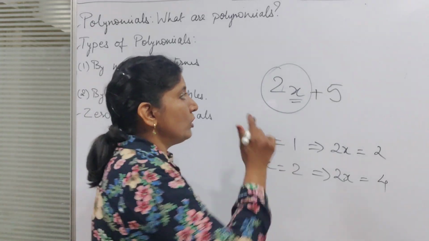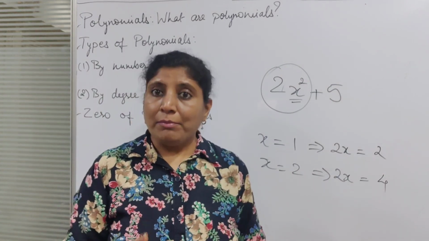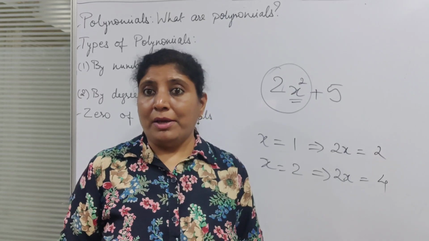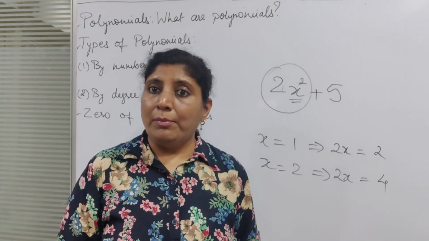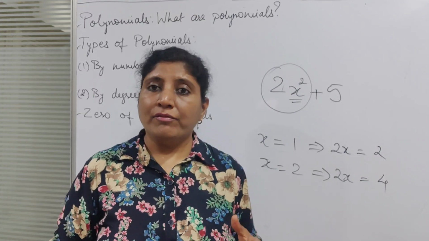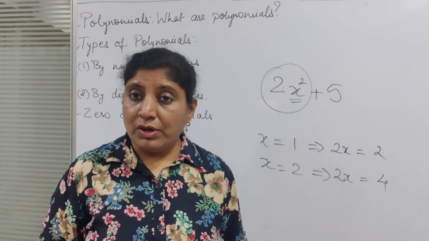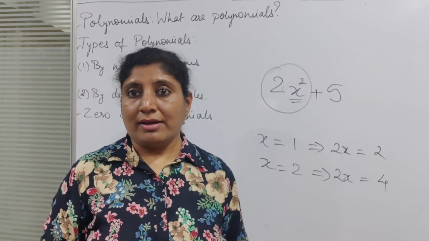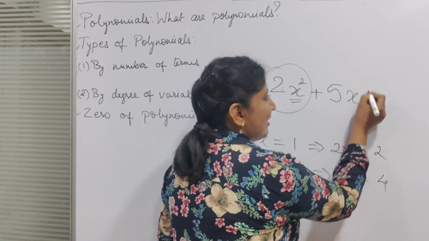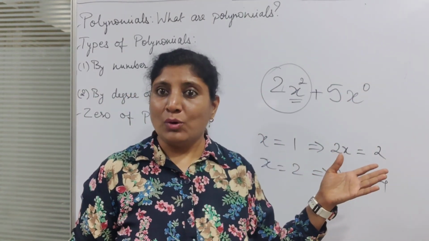Now इसमें हो सकता है कि x का कोई power भी हो, right? Some exponential value of variable. देखिए वेरिएबल के पावर की बात हो रही है, तो वेरिएबल का पावर कुछ भी हो सकता है. 1 2 3 4 5, कितना भी दूर तक आप जाएं वेरिएबल का पावर हो सकता है. अच्छा, वेरिएबल का पावर 0 भी हो सकता है. And if variable का power is 0, then it is this. कांस्टेंट के साथ वेरिएबल का पावर 0 है.